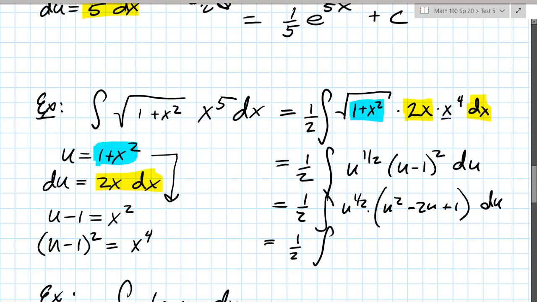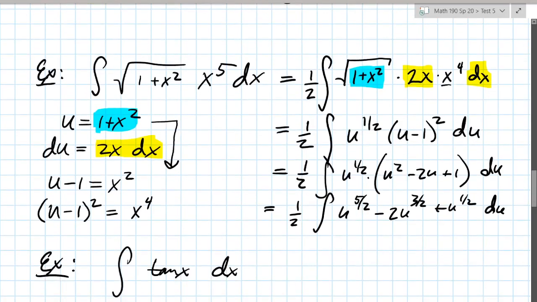The integral of, now u to the 1/2 is u to the 1/2, so when I distribute that in, I'm going to have u to the 5/2 minus 2 u to the 3/2 plus u to the 1/2 du. And now we can do our power rule.